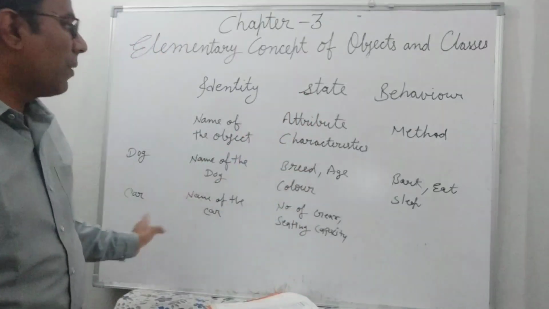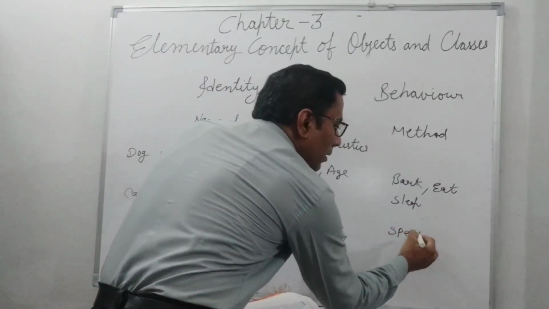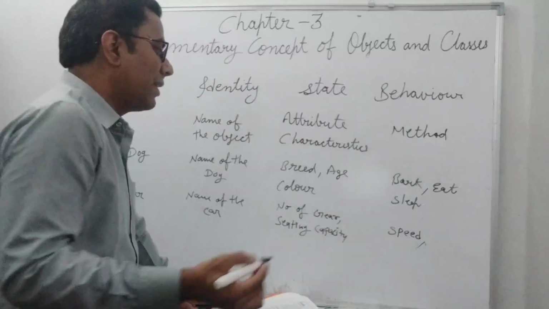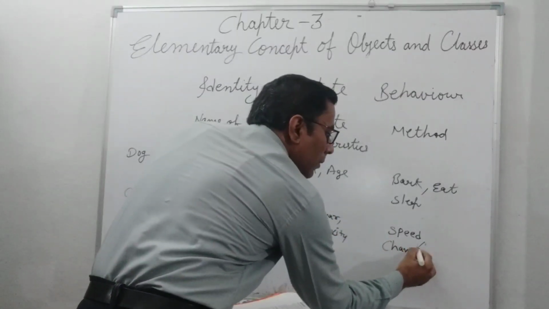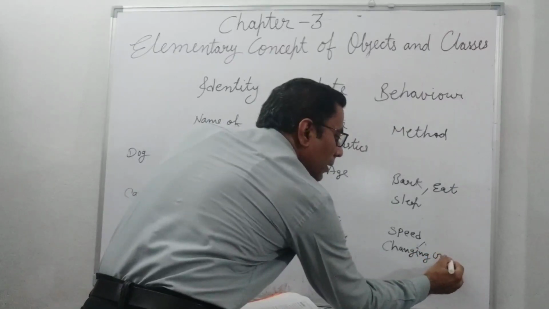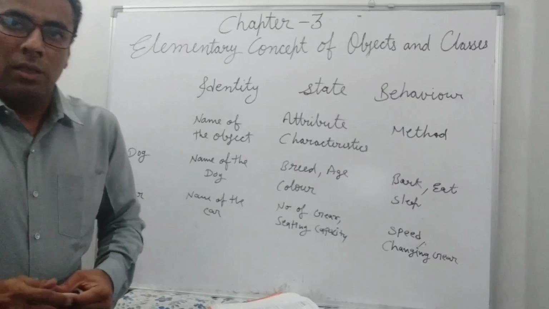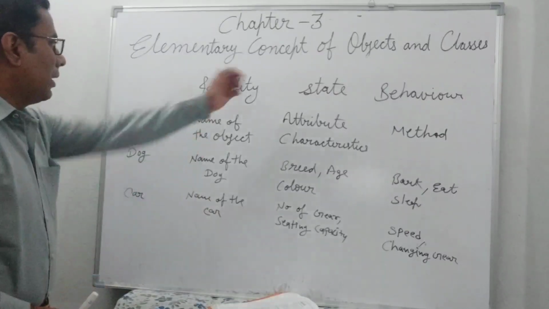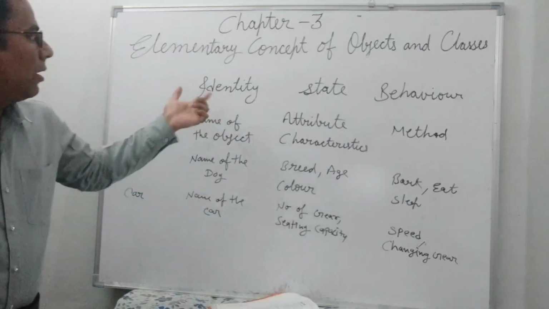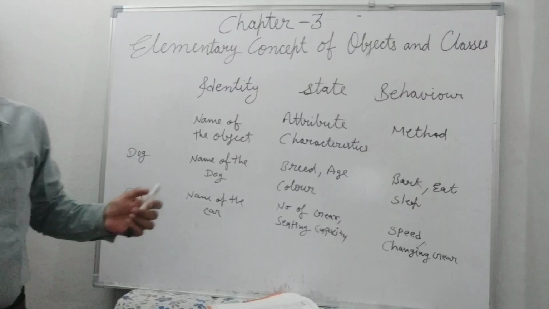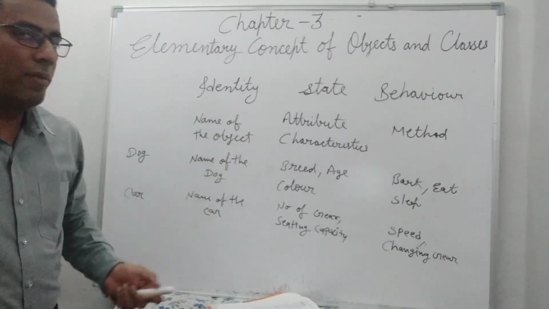And the behavior of a car is its speed, acceleration, changing gear, and so on. So these three things are used to define an object: identity, state, and behavior.